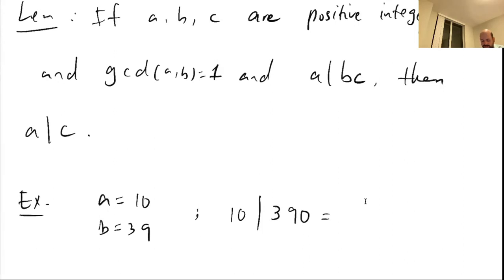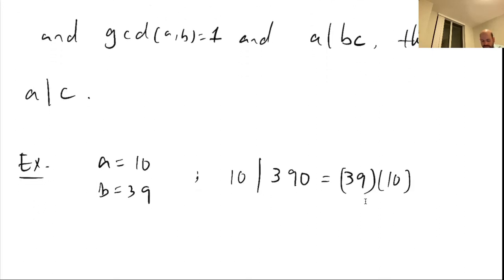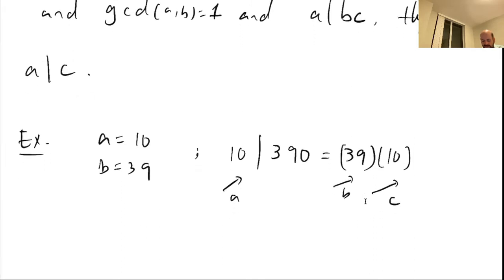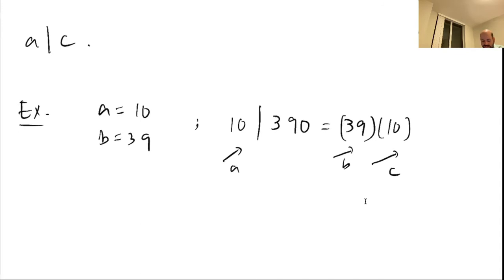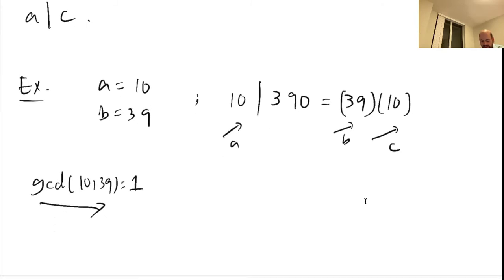Here 390 means 39 times 10, so this is my A, this is my B, and my C is also 10. Now the lemma says if A and B are relatively prime, meaning the GCD of 10 and 39 is 1, which is the case in this example, then A divides C. So 10 divides 10, which is true. So if A divides BC, and A and B are relatively prime, then A divides C.